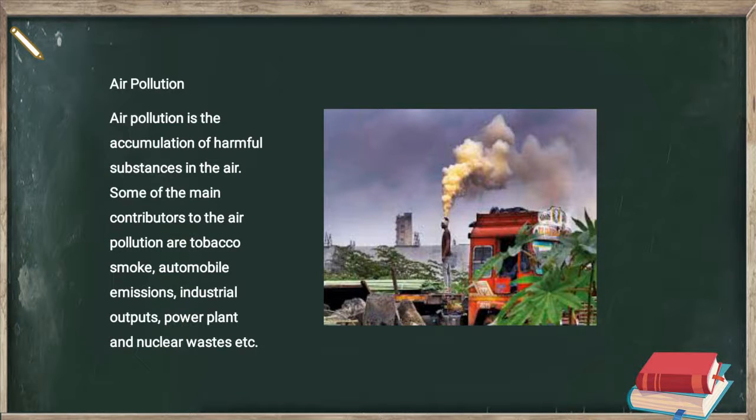It is in our own interest that we should keep our air free from harmful substances. Due to the increasing number of factories and automobiles in our country, the pollution is getting bigger and bigger, and air pollution also causes health issues.